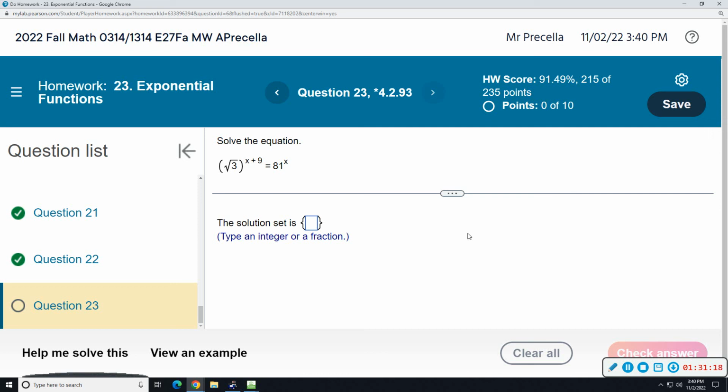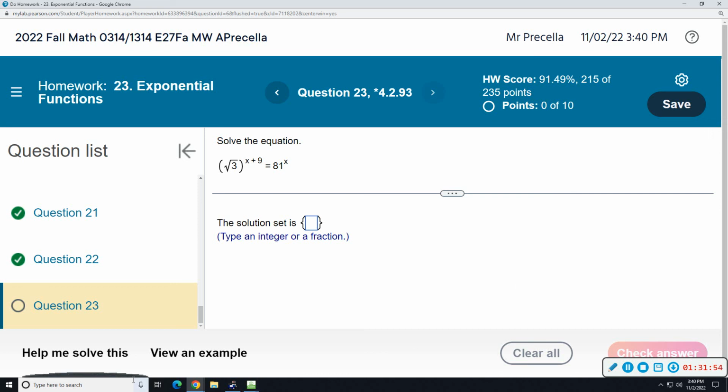Okay. This is number 23. Let me write the problem down. We have the square root of 3 all to the x plus 9 power is equal to 81 to the x.